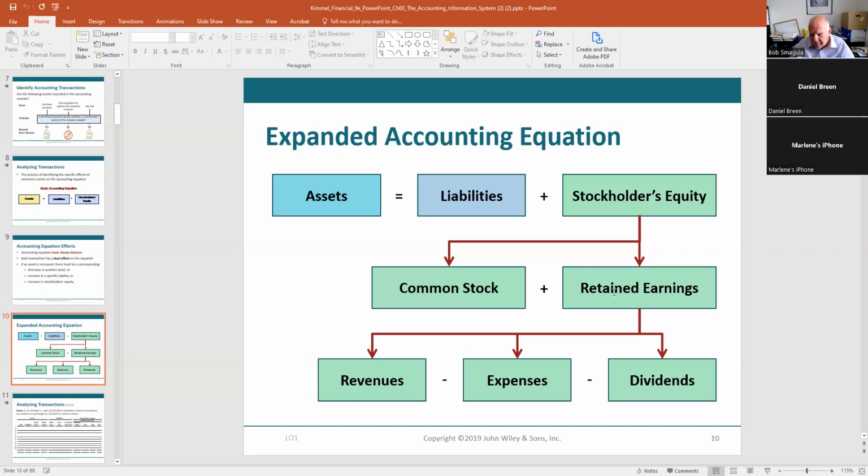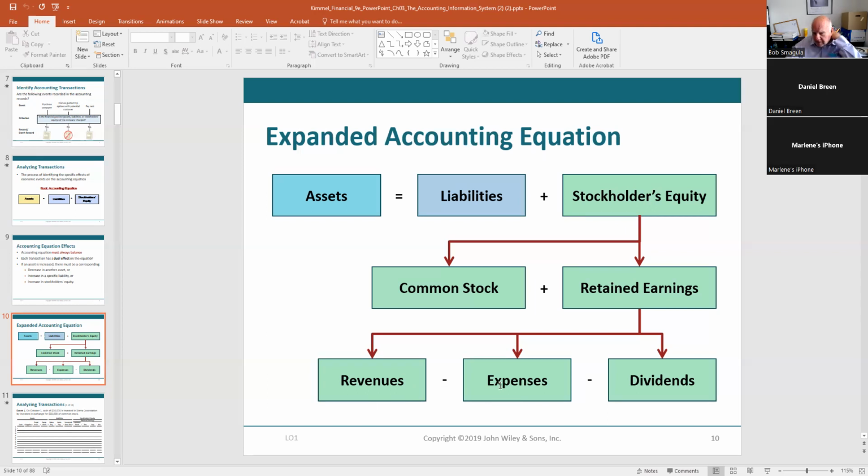If we didn't pay any dividends, retained earnings would equal your profits and losses accumulated from the beginning of the company, okay? Now, where do they get the net income? They get it from the revenues and the expenses. Revenues are your sales, expenses are your offsets to the sales.